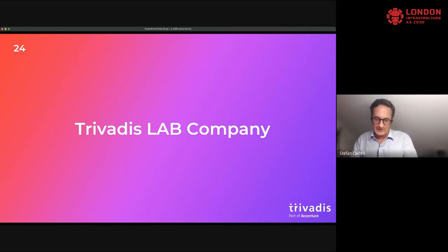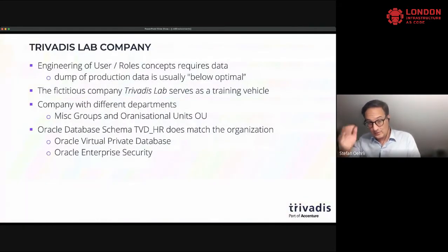That's why I invented the TRIVADIS lab company, which is part of the scripts. This allows me to engineer certain things like a user role concept, and it makes it easier because these are completely test users. I don't have to care about any dump of production, because I cannot dump a production Active Directory and load it into a lab environment. It's usually not really optimal.